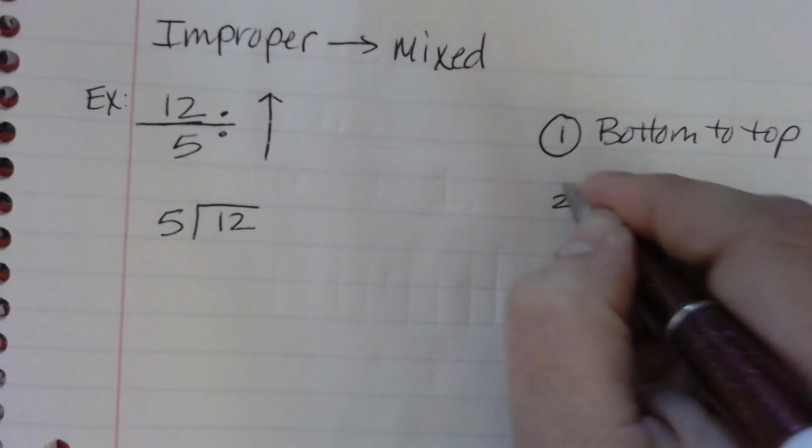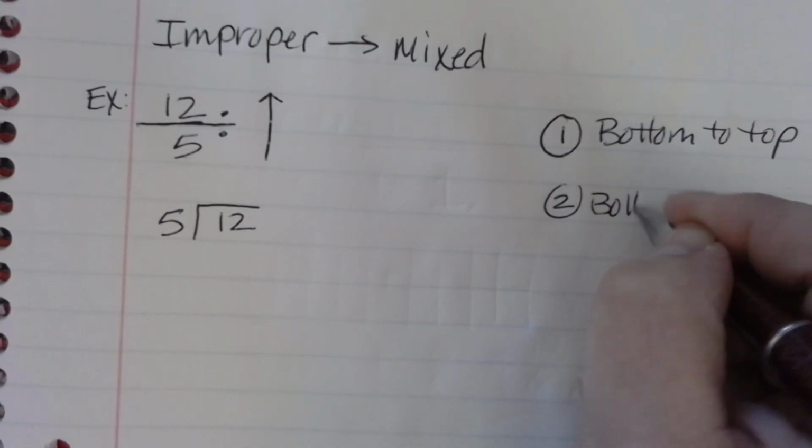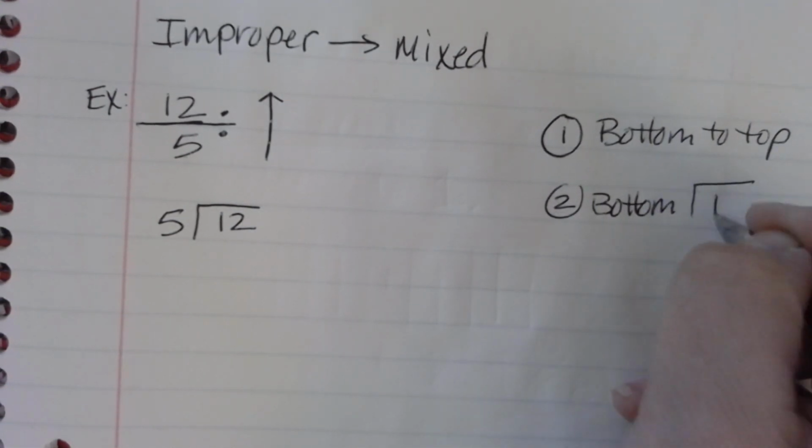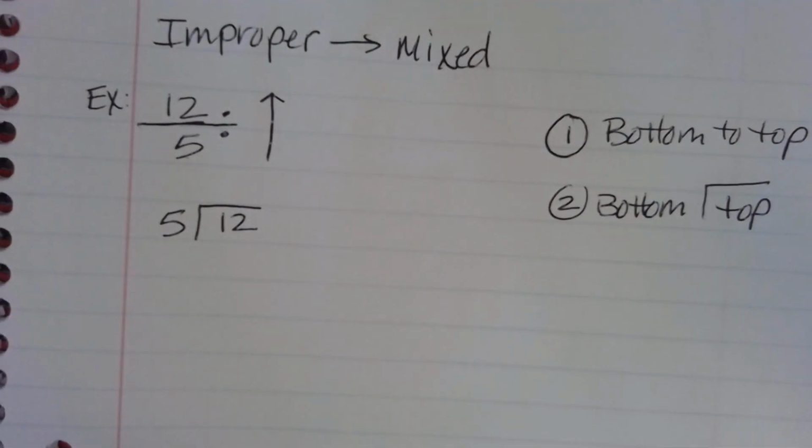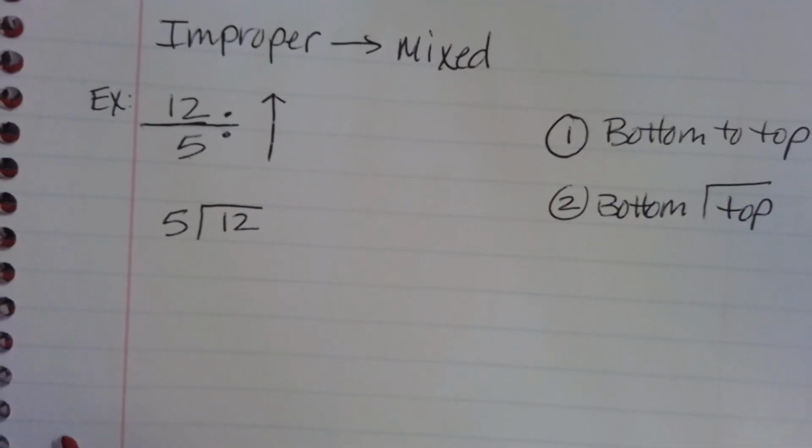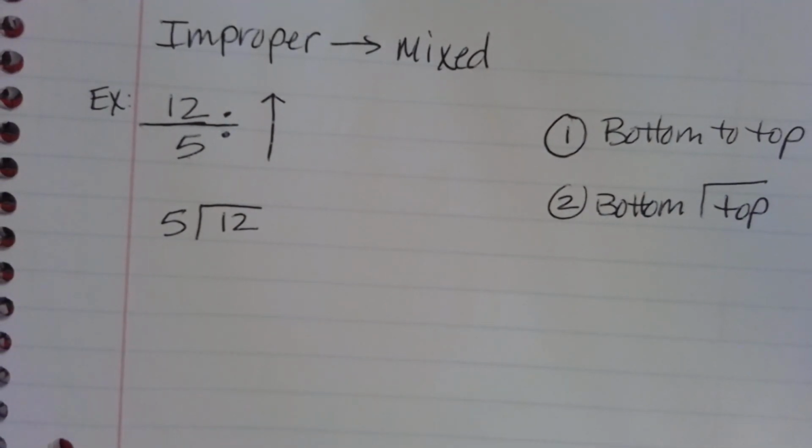Over here on my steps, I'm going to put bottom, top. So the bottom number will divide into the top number. Make sure you have that down and then we'll keep talking.